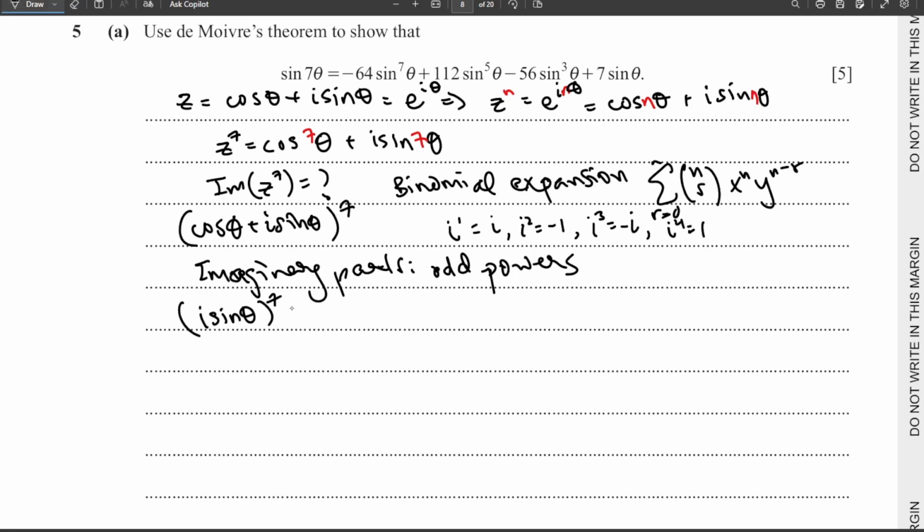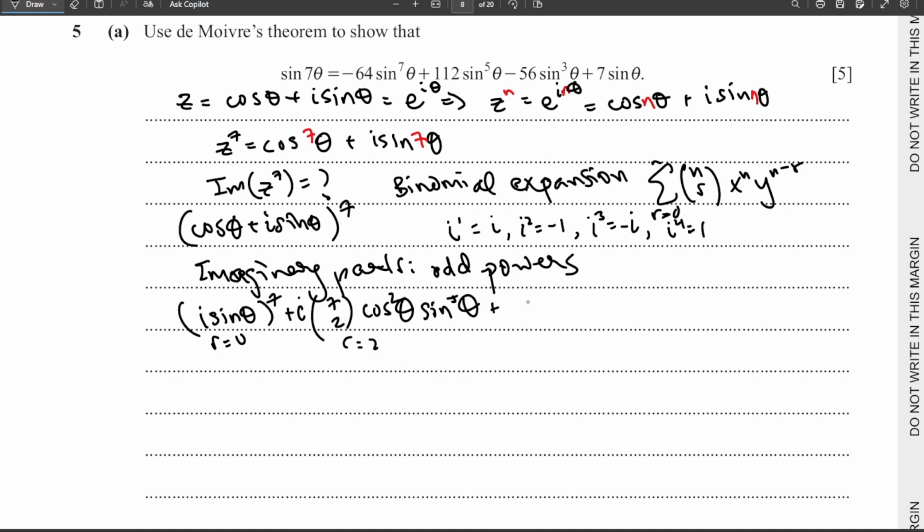Then r equals 2. This one was r equals 0, and r equals 2 gives 7 choose 2, cosine squared and sine to the power of 5. Power of 5 is just i, so I put an i in front here.